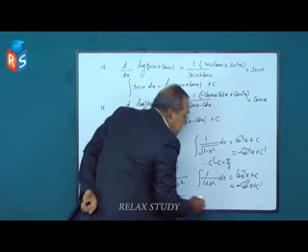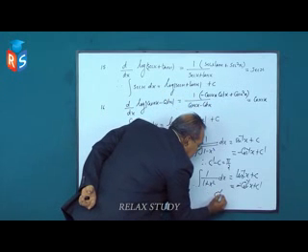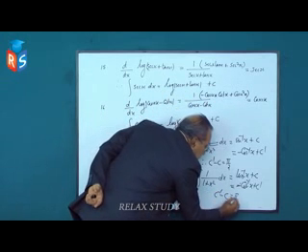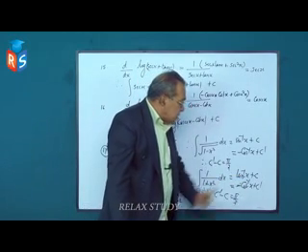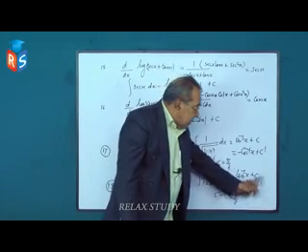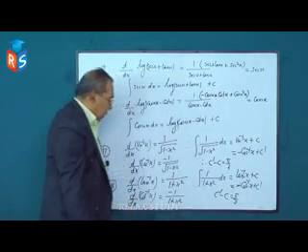Here also c dash minus c is equal to pi by 2 because tan inverse of x plus cot inverse x is equal to pi by 2.